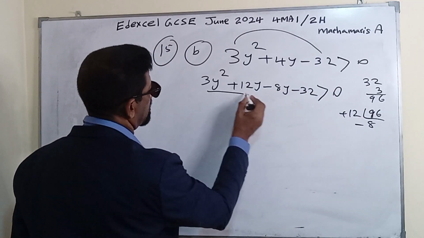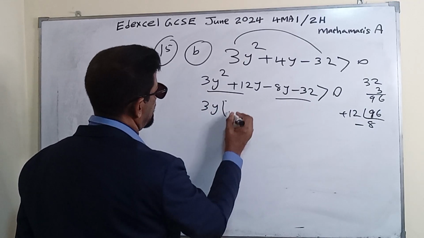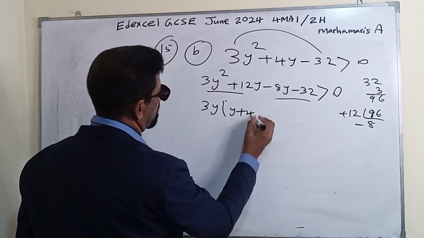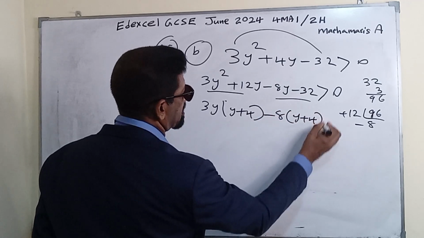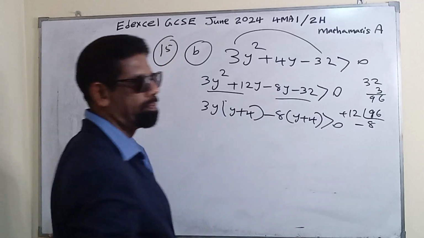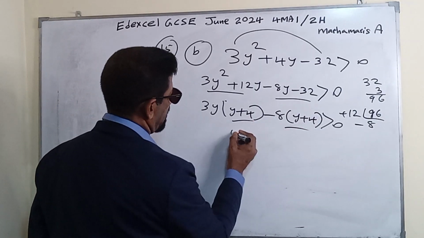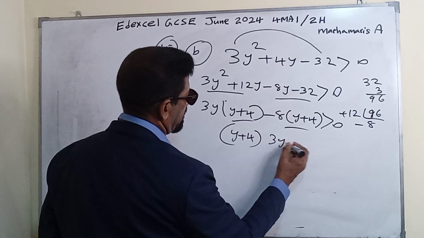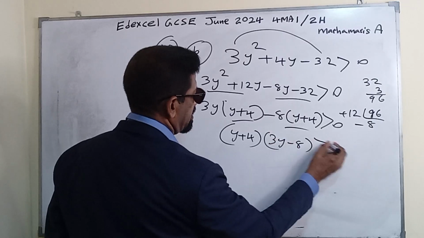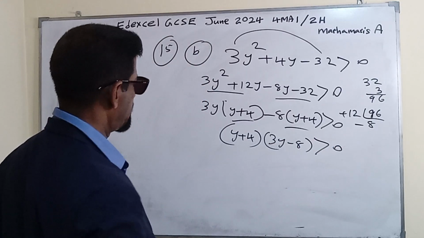So take 3y common factor outside: y plus 4, and take 8 outside: y plus 4, greater than 0. Okay, so y plus 4 is a common factor, and then you can write 3y minus 8 greater than 0. So then you take the roots.